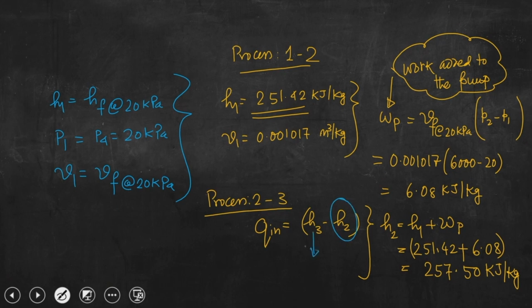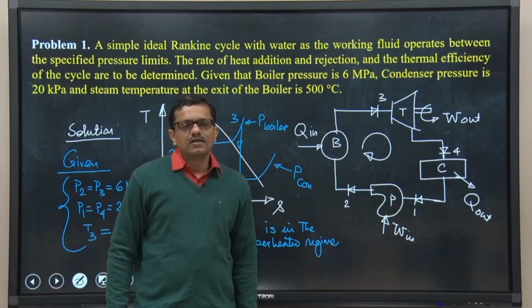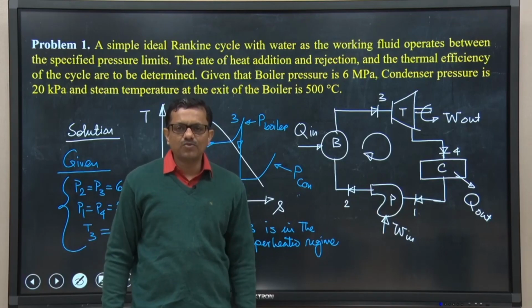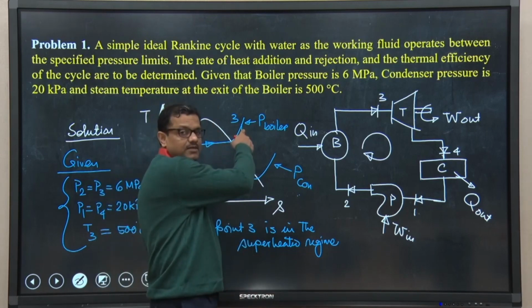So we need to know what is H3. We have already discussed that, since point 3 is lying in the superheated regime, we have to go to the superheated table to calculate the enthalpy, knowing the pressure and temperature at that point.